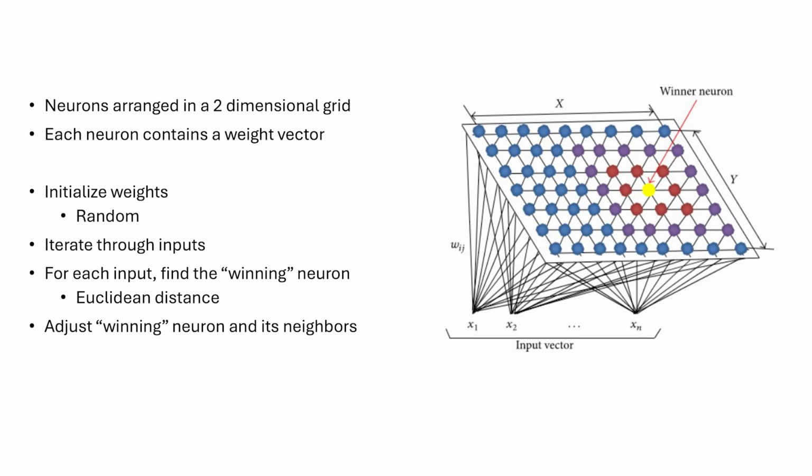And at each time, you go through your data, through each data point of the data, and for each data point, you find the most similar neuron. You then adjust the winning neuron and its neighbors according to the data that you associate it with. And you iterate over and over again until you stabilize your relationships.